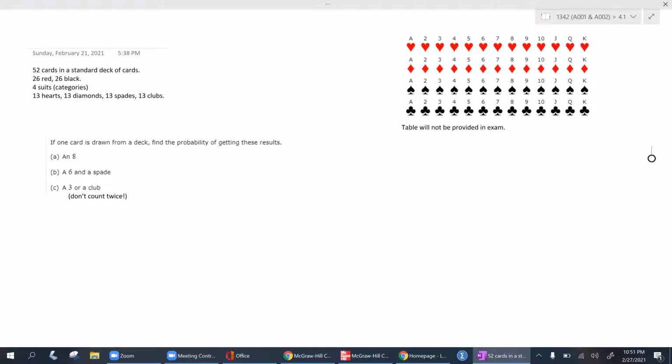So you have 13 hearts, 13 diamonds, 13 spades, and 13 clubs. We can see that here, labeled. You have your ace, then your 2 all the way up to 10, then your jack, queen, and king. And what would be the total when you're dealing with a deck of cards? 52. This is the total number of cards you can get from your deck.